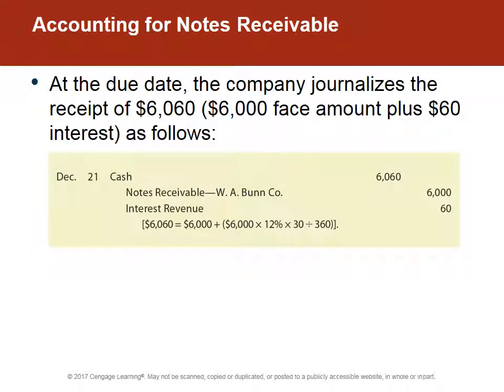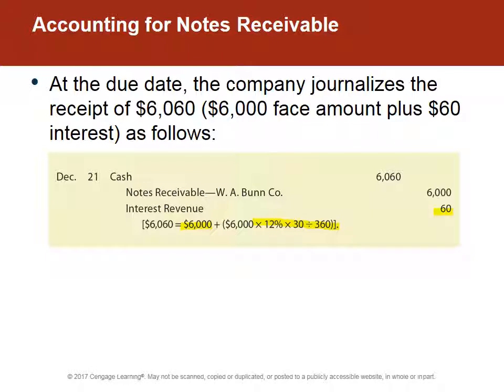At the due date, the calculation for interest has been done, and let's look at how that works. The $6,000 times 12% for 30 days divided by 360. And I think it would be wise for you to check the math on that yourself to make sure you're familiar with those calculations.